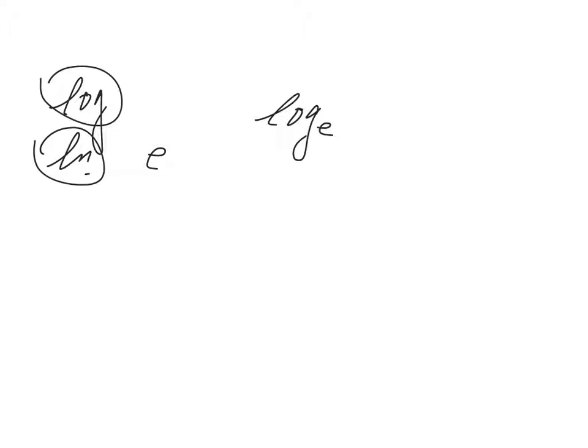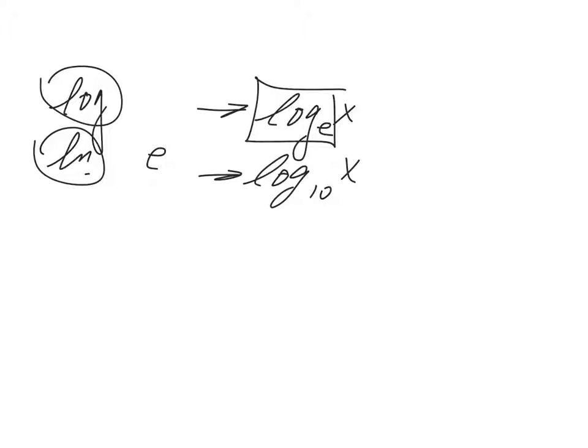Okay, so if we have a log with a base of e like that, that gets to be kind of a pain to write because it's very similar to a base of 10, like that. Okay, so this is a common logarithm, this is a natural logarithm. But instead of writing this, they've come up with a shortcut, ln.